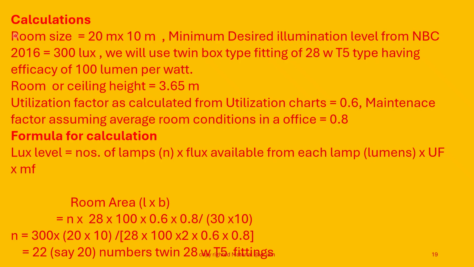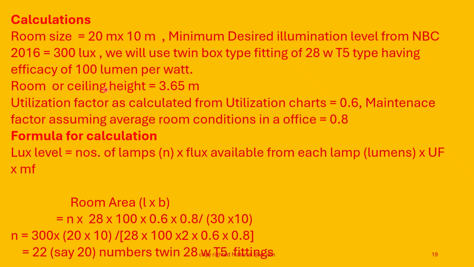We have assumed room size of 20 by 10. Minimum desired illumination level from National Building Code 2016 equal to 300 lux. We will use twin box type fitting of 28 watt T5 having efficacy of 100 lumen per watt.